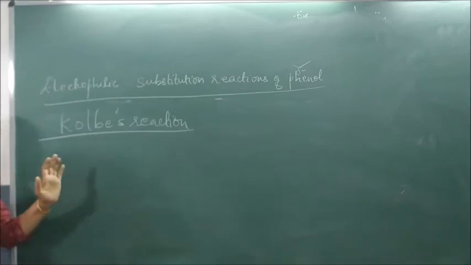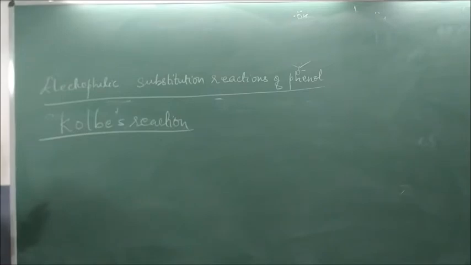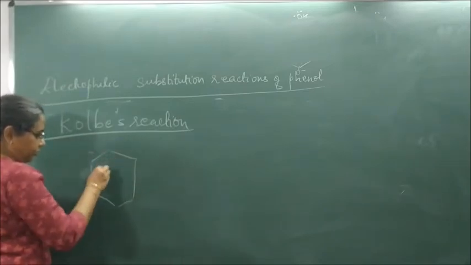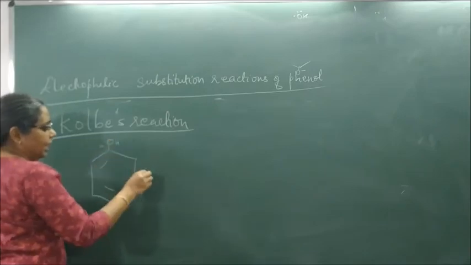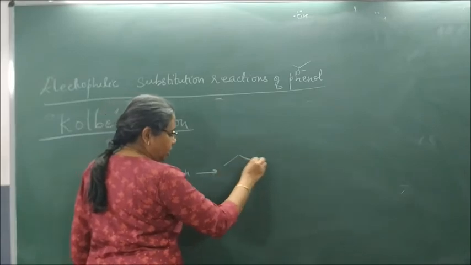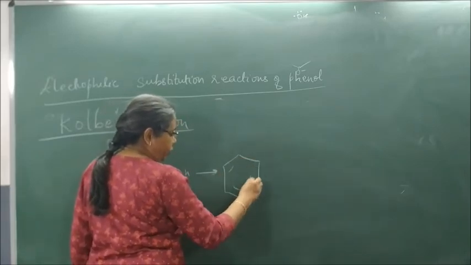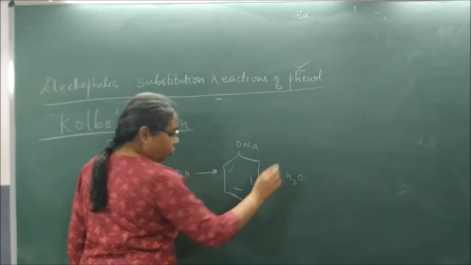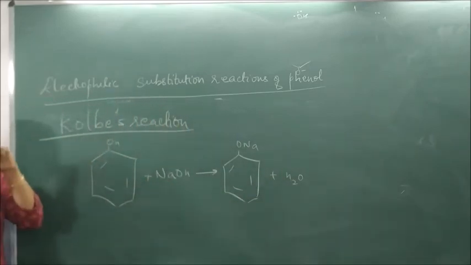I'll teach you the exact reaction and how it is given in the textbook also. So first thing is what? We take phenol and react it with NaOH. You will get what? C6H5ONa plus what is removed? H2O is removed. This is called as what?